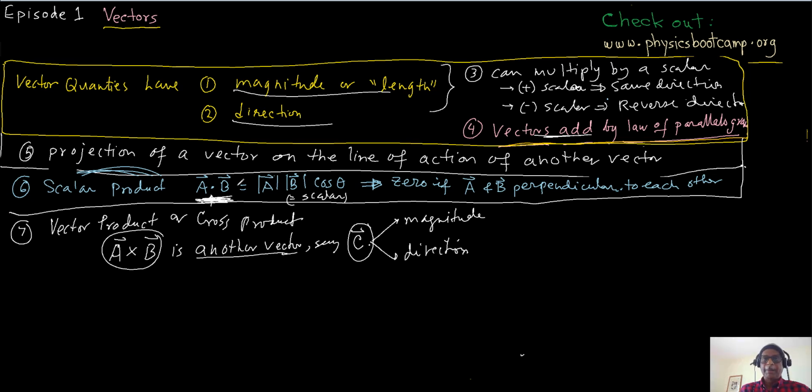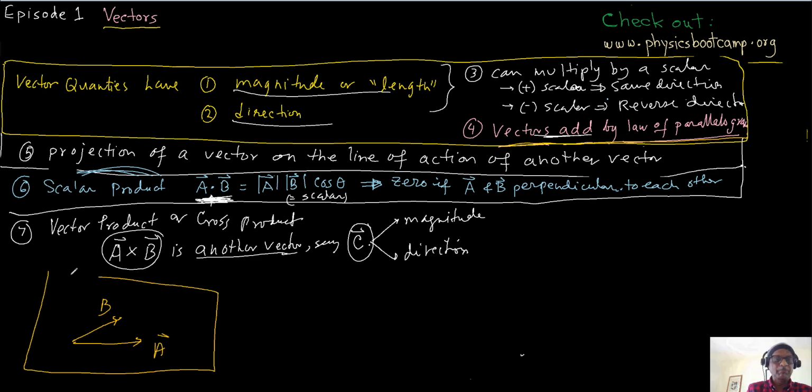So magnitude is going to be the area of the parallelogram. If you have A this way and B that way, so this is A and this is B, and this is the plane. Let me draw it a little bit better.